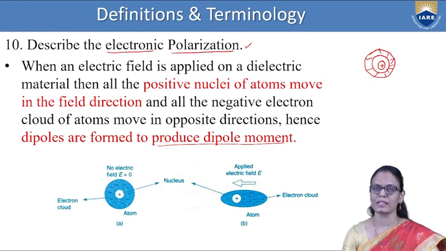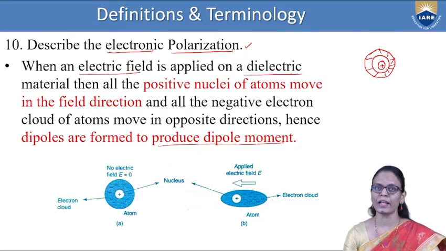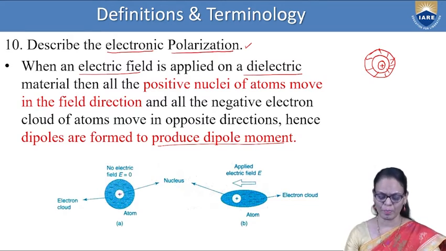Now what this says is, when an electric field is applied to a dielectric material, in which there are n number of atoms, in all the atoms the positive nuclei move in the field direction. We try to understand with the help of this diagram. The first figure shows an atom with a positive nucleus and the electrons revolving around it, which we call the electron cloud, when no electric field is applied.